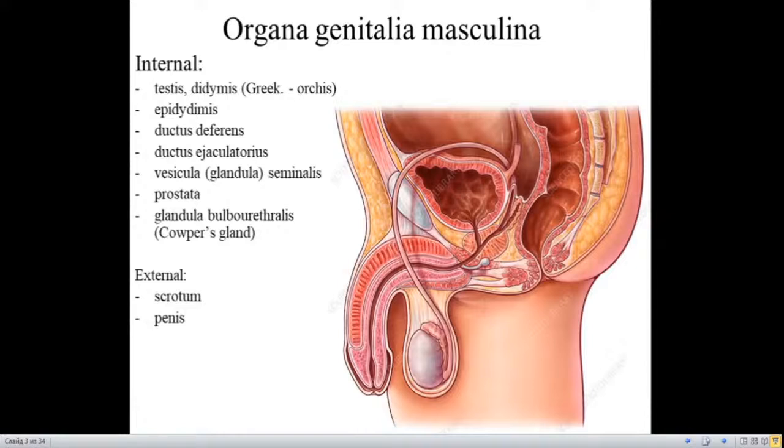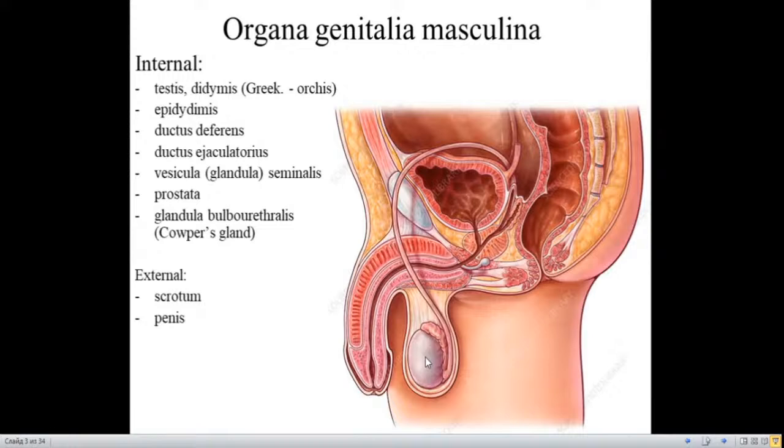Actually, all organs of the male reproductive system or male genital organs can be subdivided into two groups: internal organs and external organs. Let's name them. So, internal organs: testes, found in scrotum.